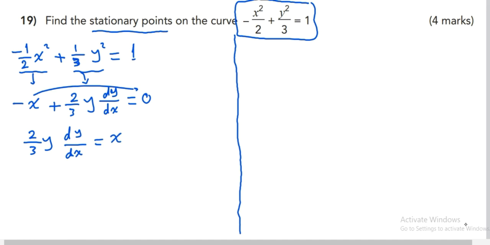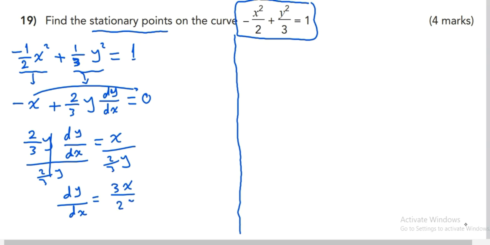Here we'll divide by 2 over 3y, divide by 2 over 3y, cancel, then dy by dx equals 3x over 2y. As we get dy by dx or y dash, we have to put it equal 0 and solve.